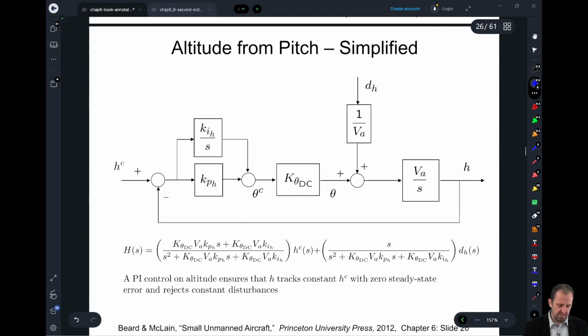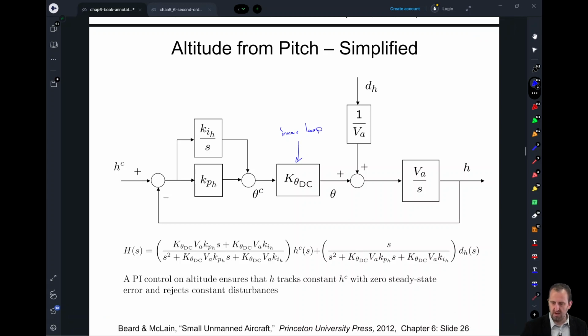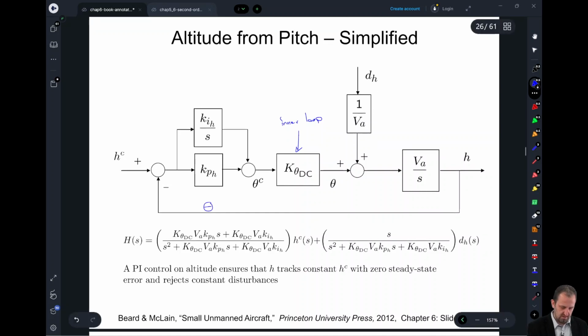So now if we simplify it, this is basically the result of the inner loop. We have that DC gain, and we're going to come through and design our control again. If we look at our theta super C, it's going to have this integrator term where we have the error between our commanded height minus our height.